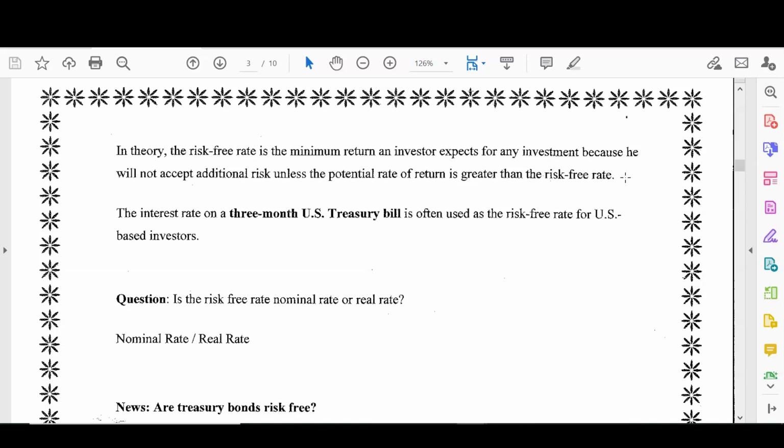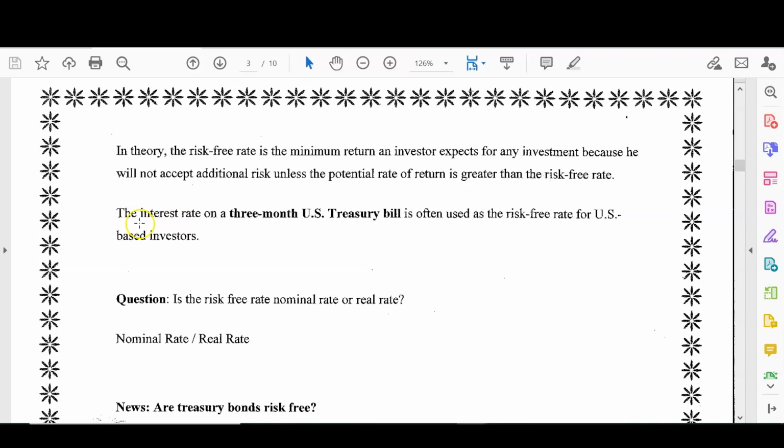It is the minimum return that an investor requires for risk-free assets, and for other risky assets, we would require a higher return because we're taking more risk.